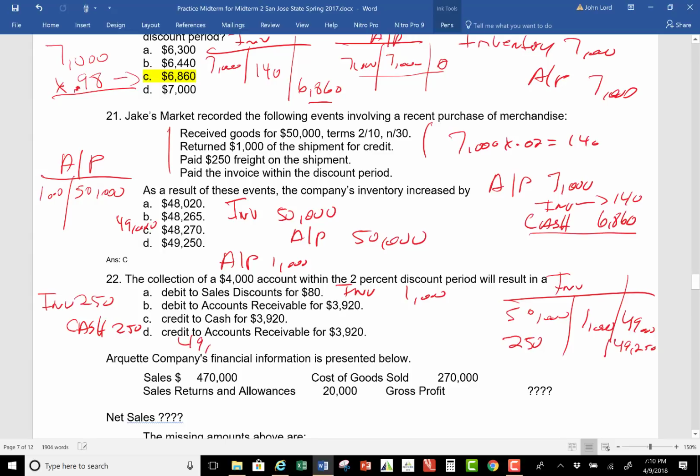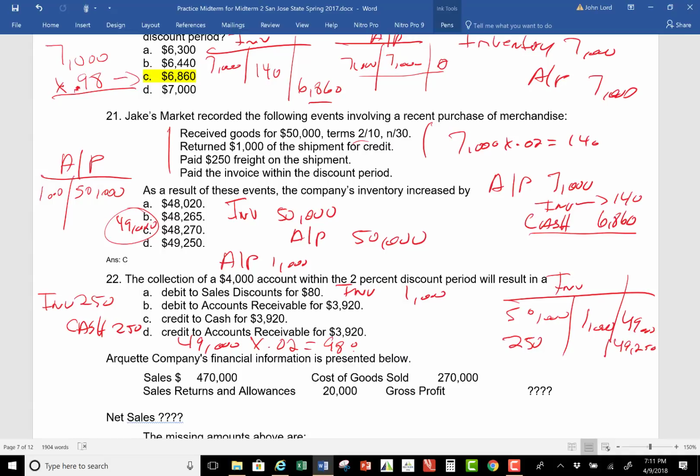I don't know where I'm going to answer this next question. 49,000 times what? Times 2%? Okay. Times 2%, I get a discount of 980, since 49,000 is the accounts payable. Okay, good. So I have this discount of 980.